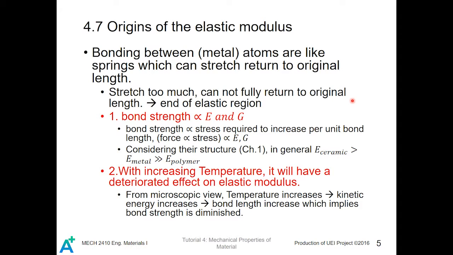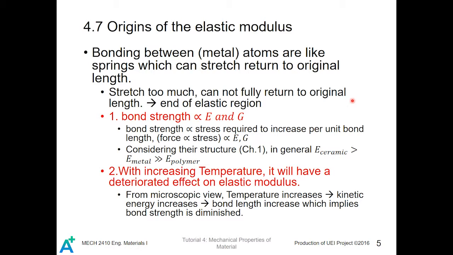Considering the structures, which I have already discussed in chapter 1, different materials have different structures. In general, ceramic will have a higher modulus than metal, and metal will have a higher modulus than polymer, due to their bond strength. Second, with increased temperature, you will have a lower value of elastic modulus and shear modulus.